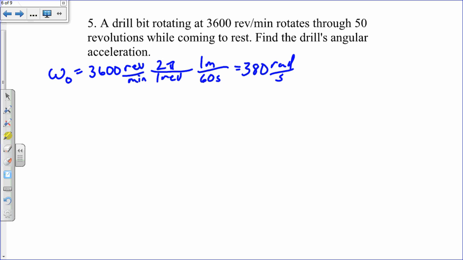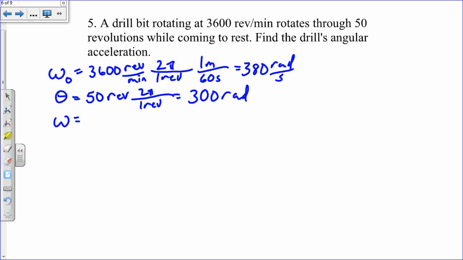All right, rotates through 50 revolutions, so that's theta. 50 revolutions. 50 times 2 pi, that's 300 radians, keeping proper sig figs. And now omega final, which I'll just call omega, it's coming to rest.